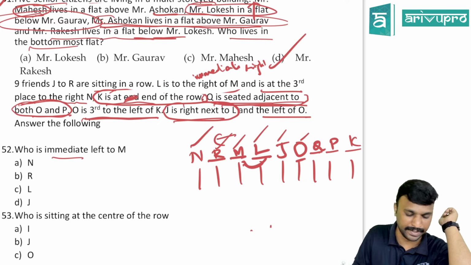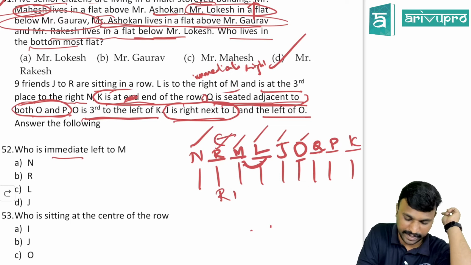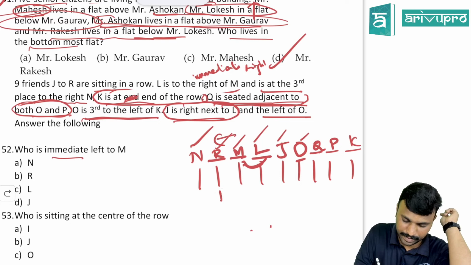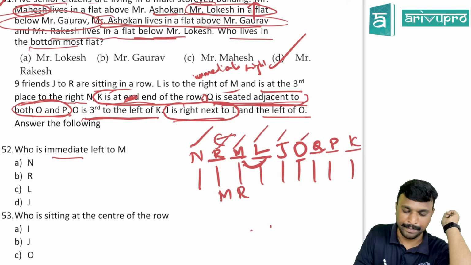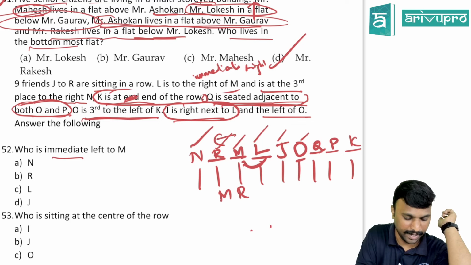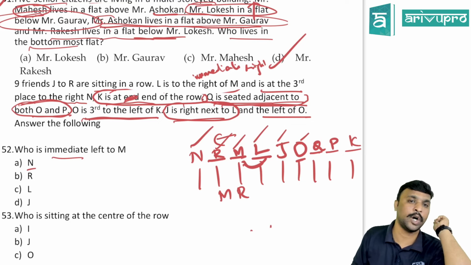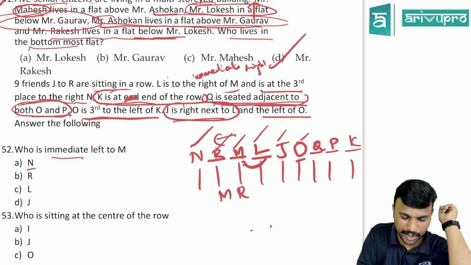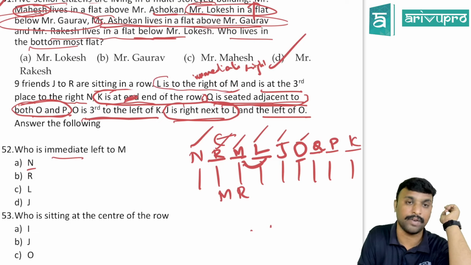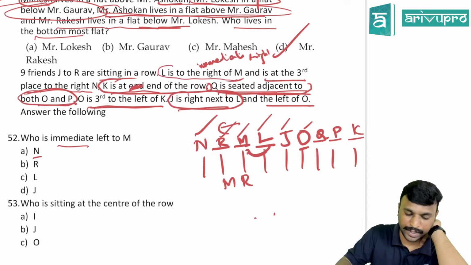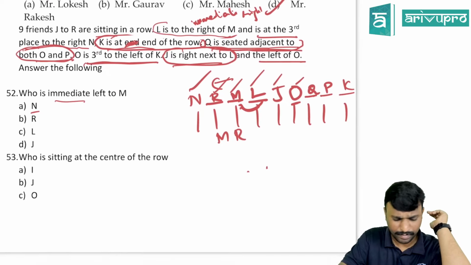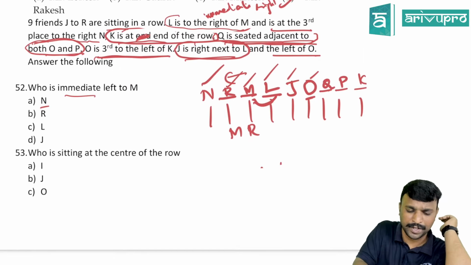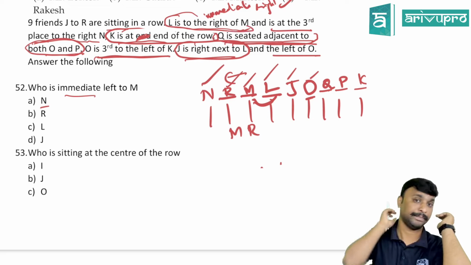Immediate left of M is R. Suppose it is the other way round, R here and M here, then immediate left of M will be N. N is also there in the options. So in the question, it should have been L is to the immediate right of M. So there is an ambiguity here. So just let me know if the question is correct, right?